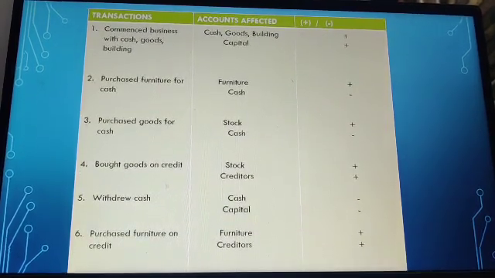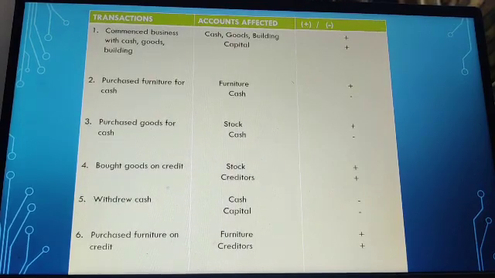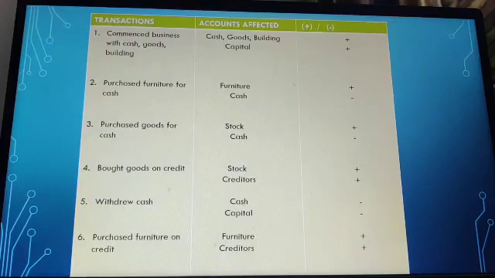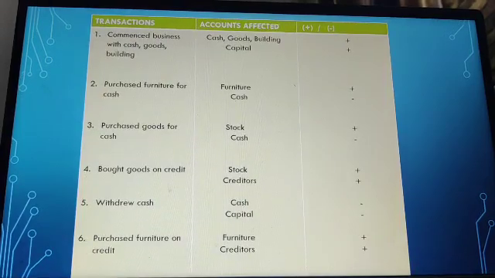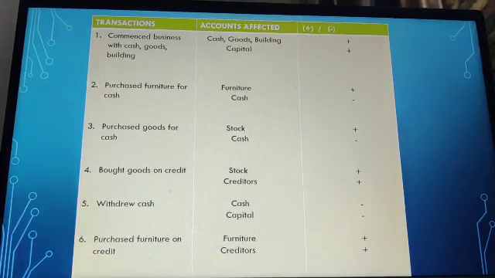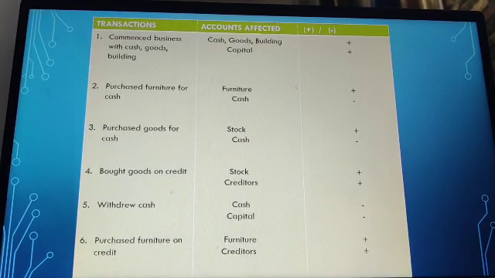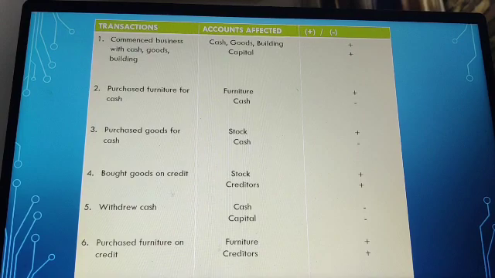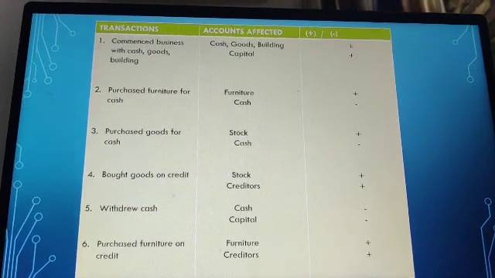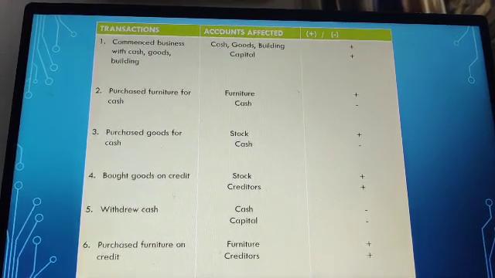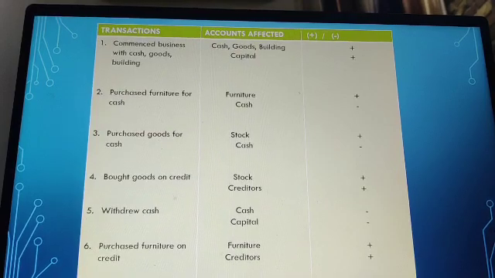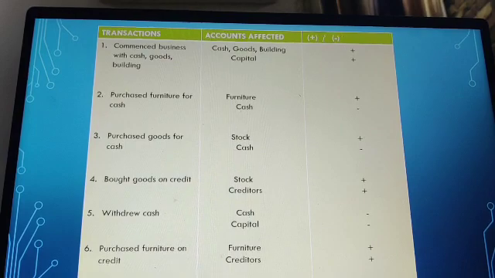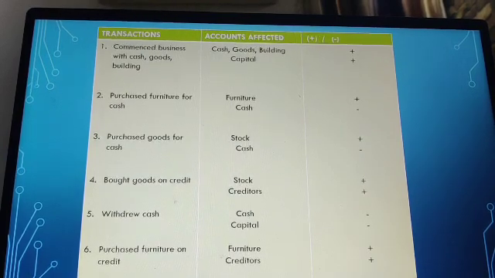Commenced business with cash, goods or building. For example, you commenced your business with either cash or goods or building, whatsoever the case may be. If it is with cash, you are going to open a cash account under the asset section as we learned in the previous class. And if you bring cash, goods and building, all of it, you are going to open a separate account for each, that is cash plus goods plus building along with the respective amount.